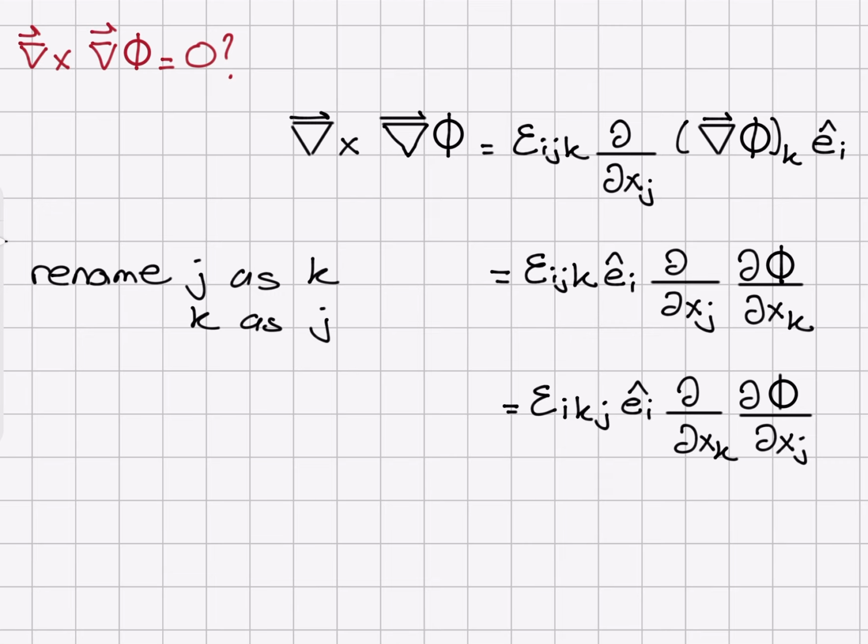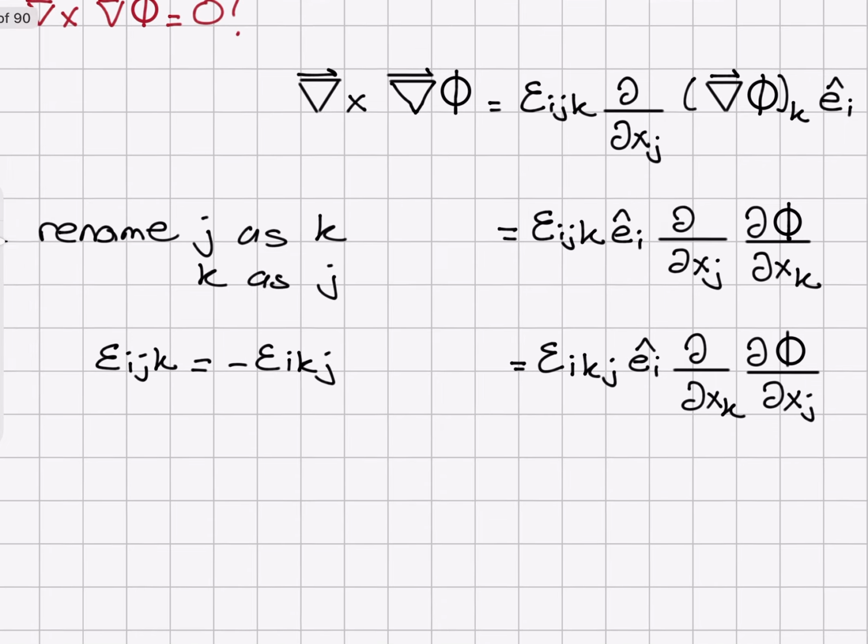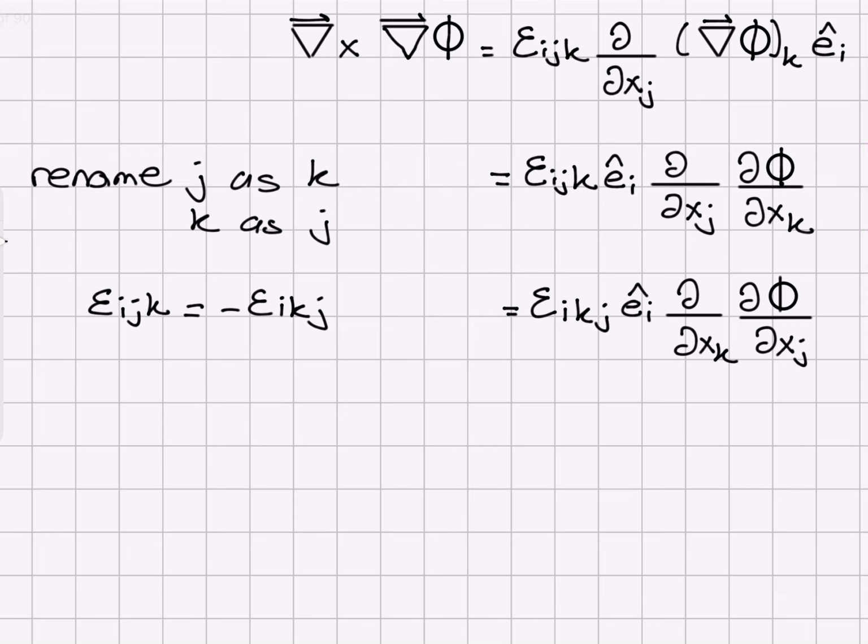And now I notice that epsilon ijk is equal to minus epsilon ikj, because I have an odd number of switchings in the positions, and also the order of derivative is not important.